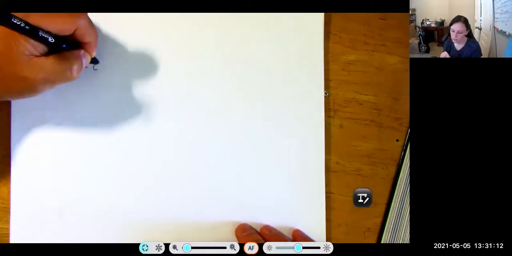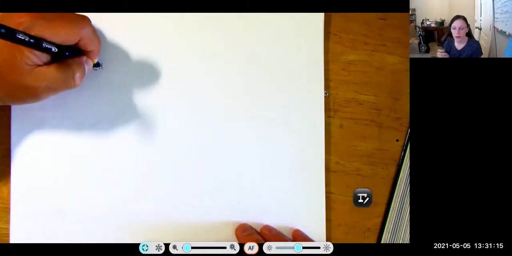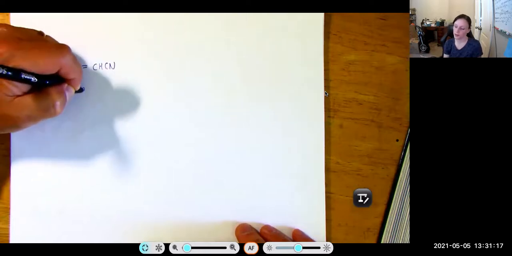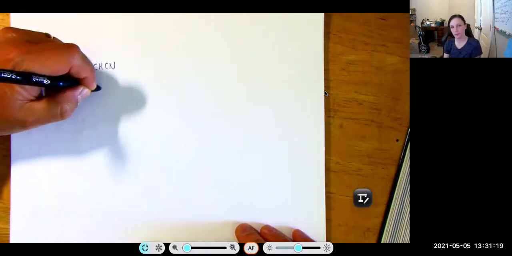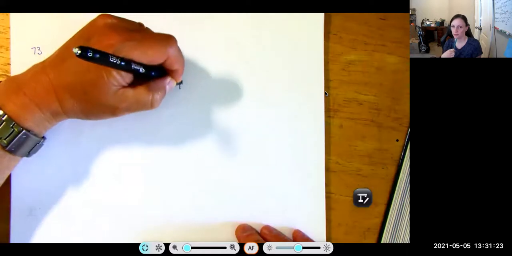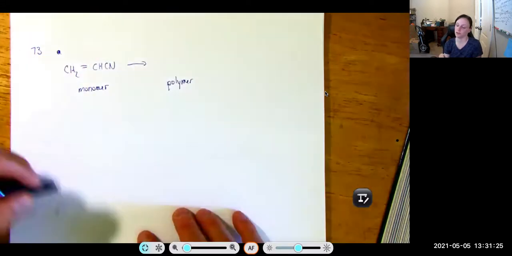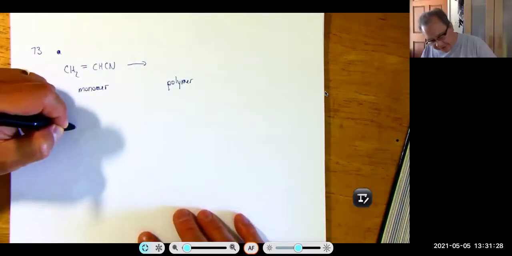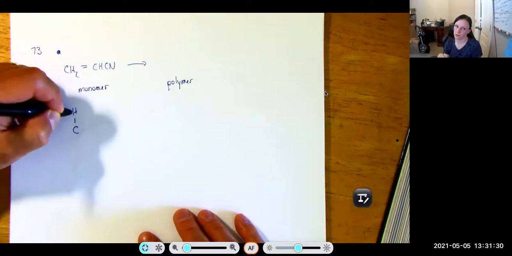I don't know about that nitrogen. There's the carbon and the nitrogen bonded together, but that's not enough bonds for the nitrogen.